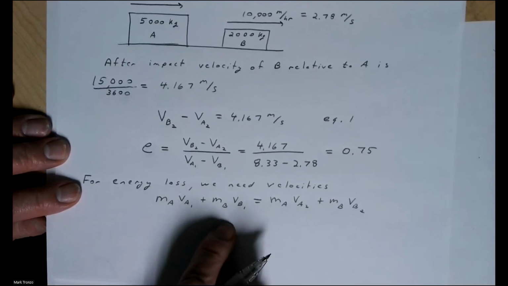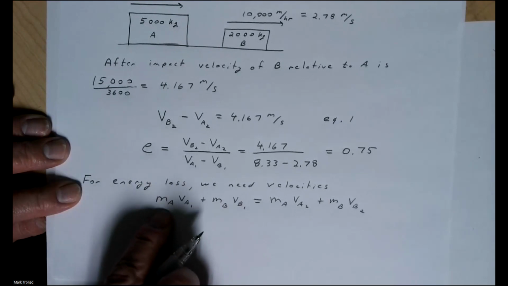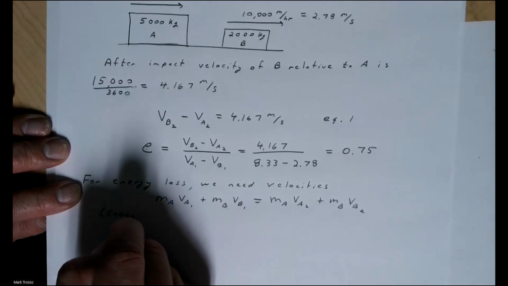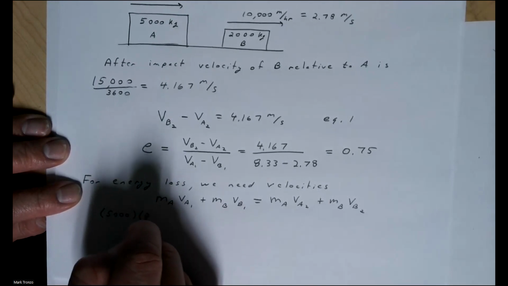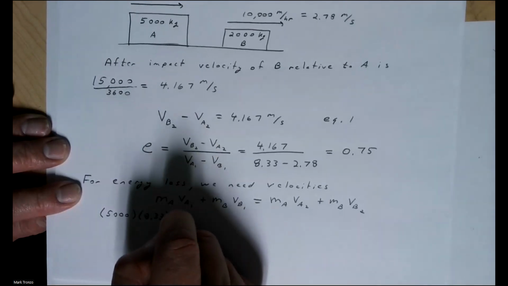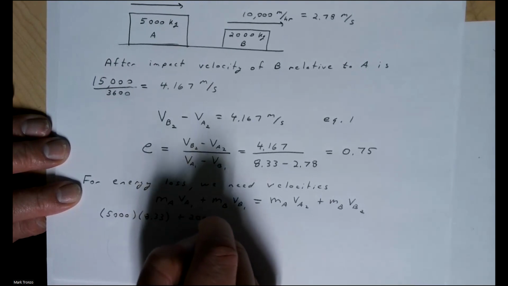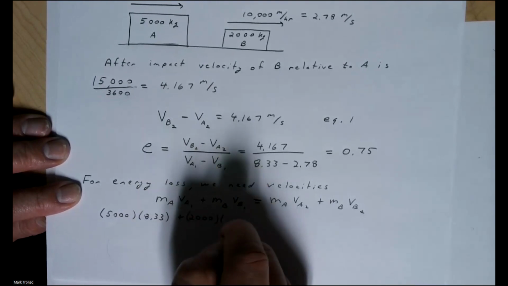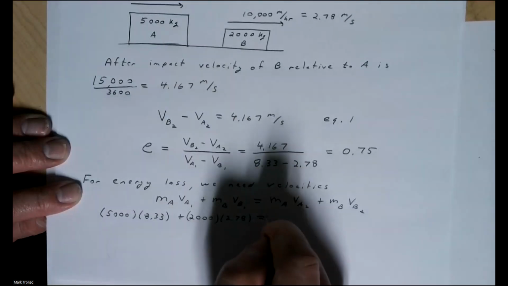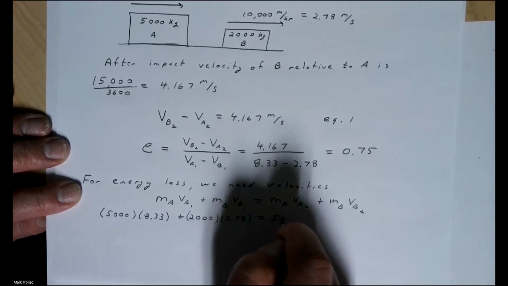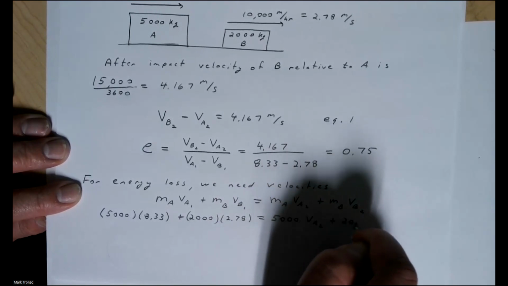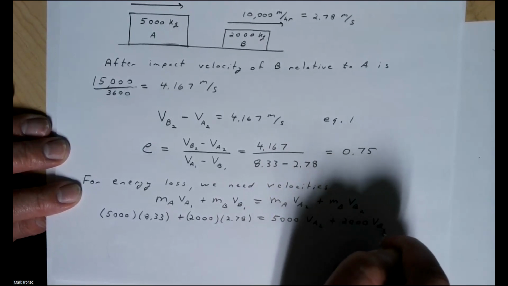Let's put all our numbers in. We have 5,000 kilograms times 8.33, that's this here, plus 2,000 kilograms times the velocity of the car, 2.78. Then after impact, we have 5,000 VA2 plus 2,000 VB2.